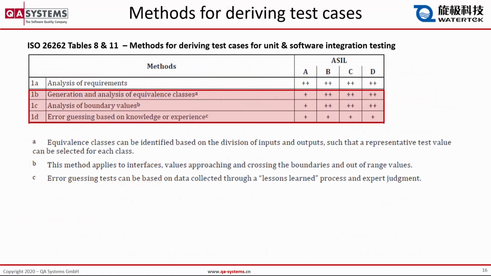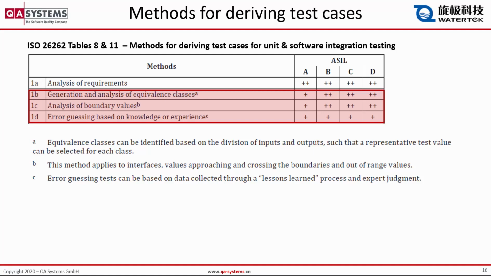So we have seen some techniques. The methods for deriving the test cases to be used in those techniques are, of course, analysis of requirements for requirements-based testing, but these three others in tables 11 and 8 for integration and unit testing, respectively. The generation and analysis of equivalence classes, the analysis of boundary values, are things we will dive into further because these are recommended or highly recommended for most ASILs.